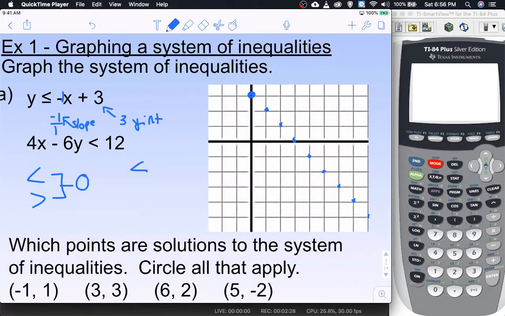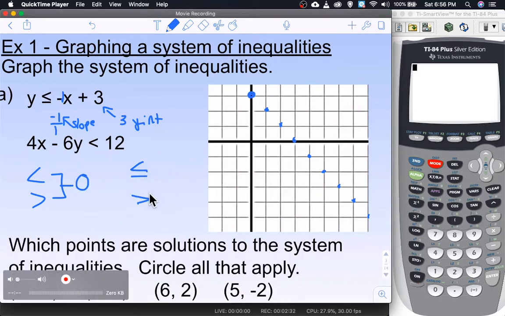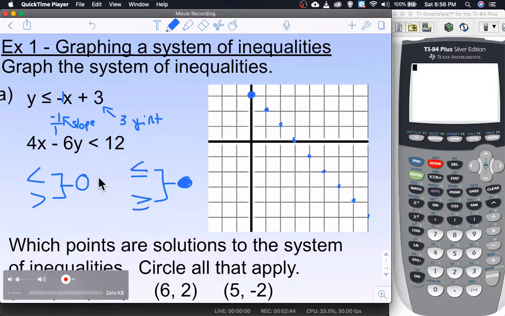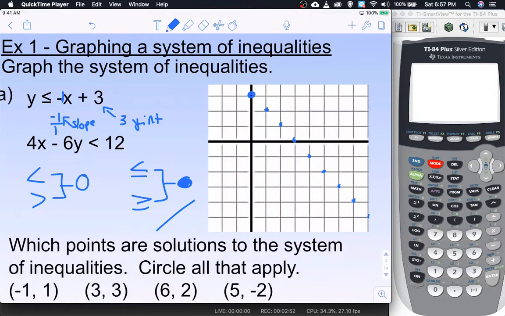And we saw that the less than or equal to and the greater than or equal to had a solid or filled in dot. The same sort of thing applies with our linear inequalities. But instead of having a solid dot and a hollow dot, we're going to have a solid line and a hollow line.